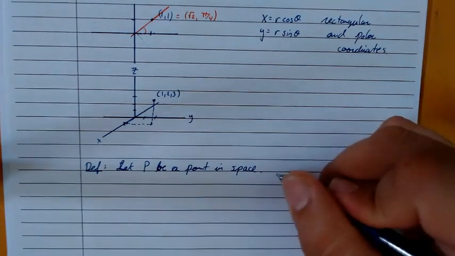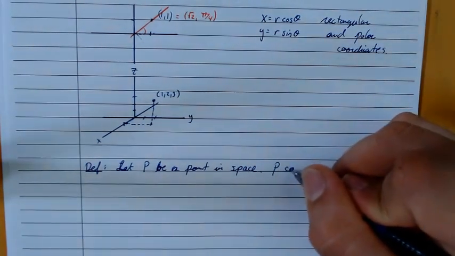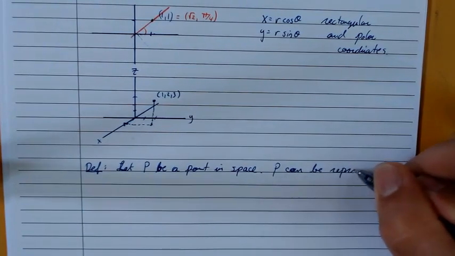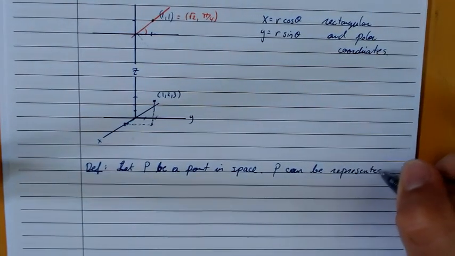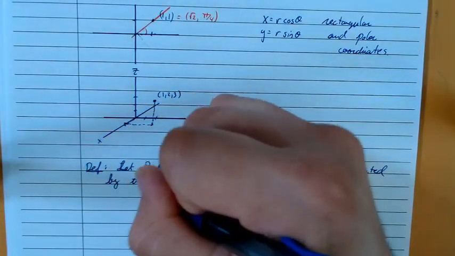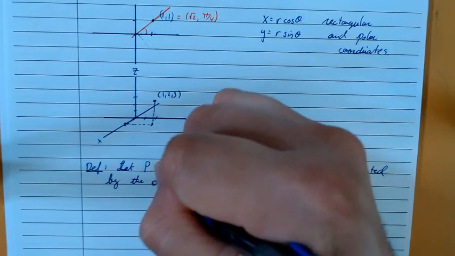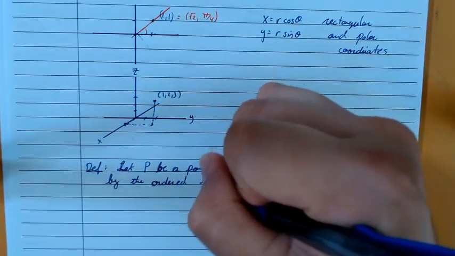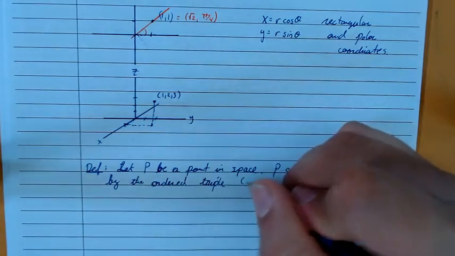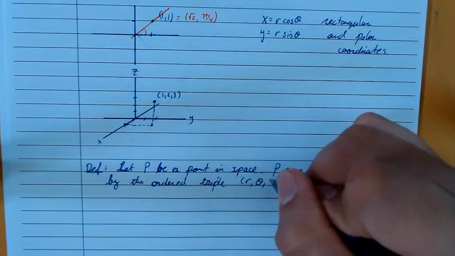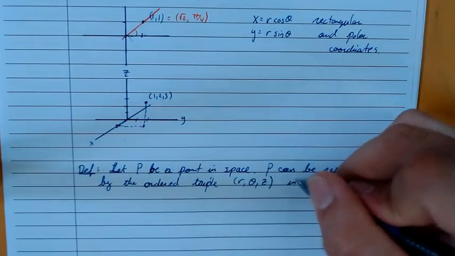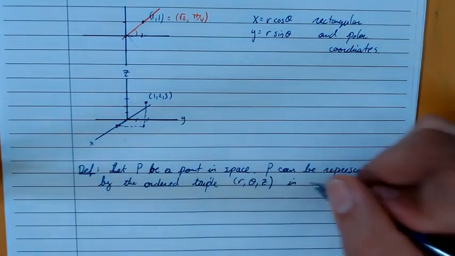Then P can be represented by the ordered triple r, theta, z in the cylindrical coordinate system. We'll talk about spherical next.